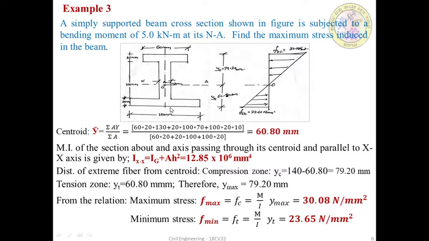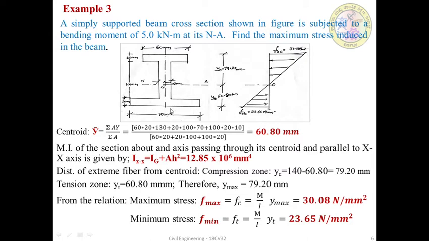So we have to find the centroidal distance of the I section with respect to the bottom or the top from first principles. Applying the equation, the centroid y bar is given by the moment of all the areas divided by the total area. After substituting all the values as per the given dimensions, I got y bar equal to 60.80 with respect to the bottom axis.